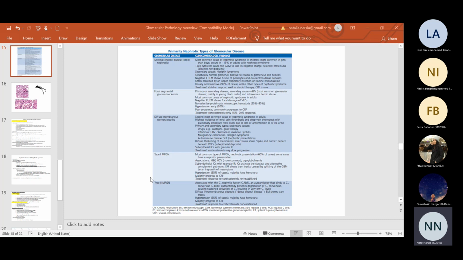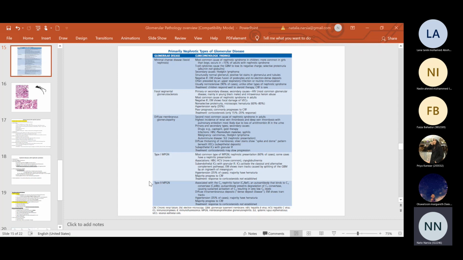And if it does not degrade, whenever you have C3 convertase formed, if it does not degrade, it will amplify the inflammatory reaction. Okay, it will activate inflammatory reaction, and inflammation is not good.